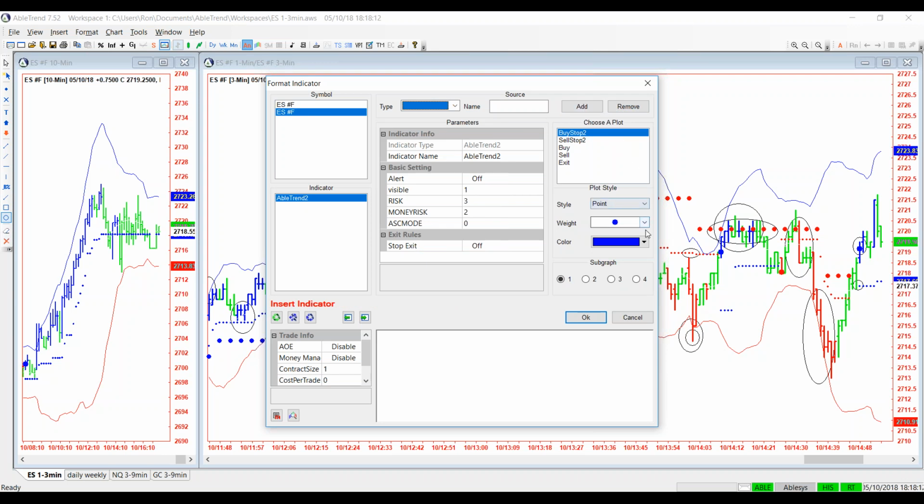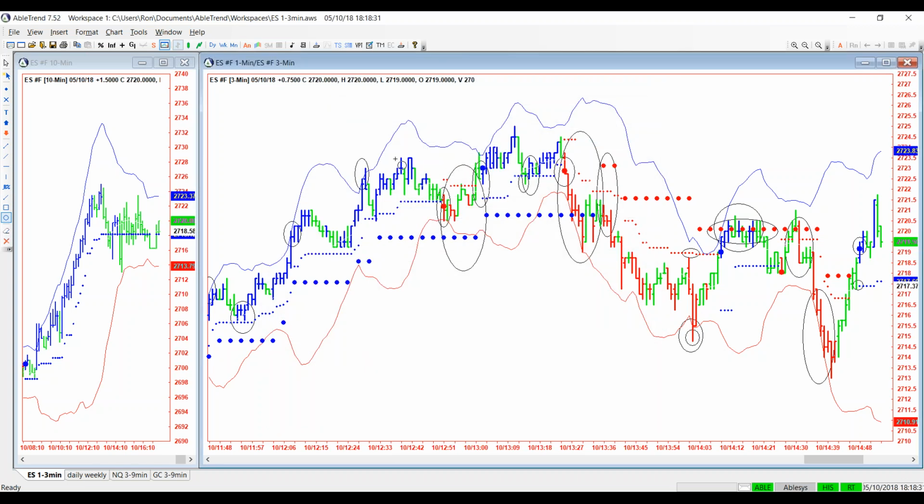You may have to adjust over here the size of the dot. Mine automatically go a little bit bigger, but you can see here where it says buy stop and sell stop. You can adjust the dots right there. See the red dot? You can make them bigger or smaller right there. So just wanted to show you that real quick if you wanted to use that.